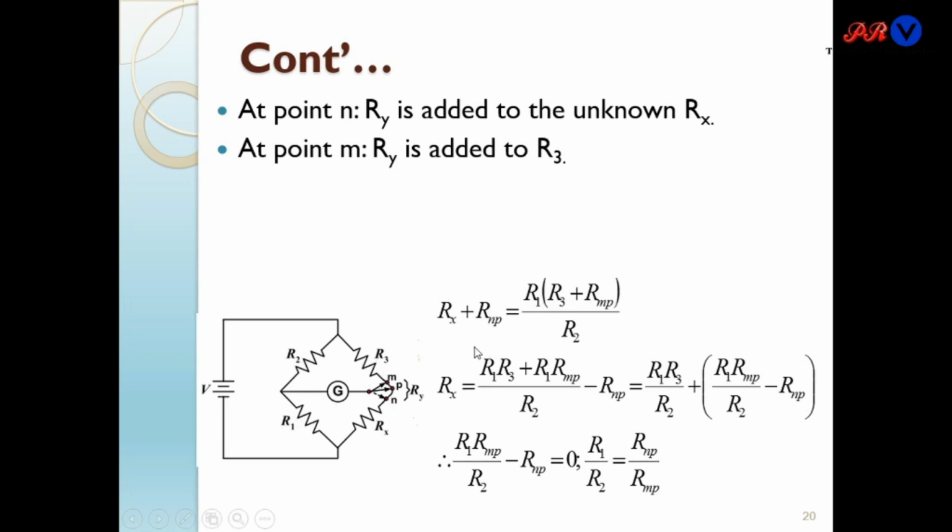After some calculation we will get the final value for the balance condition: R1 by R2 must be equal to Rnp by Rmp. This R1 divided by R2 must be equal to Rnp divided by Rmp, the lead resistance.